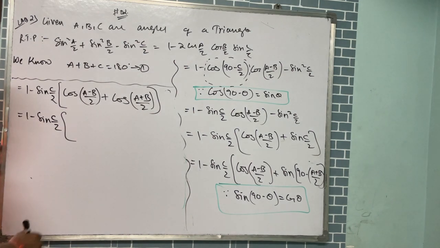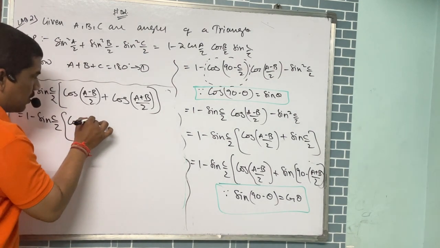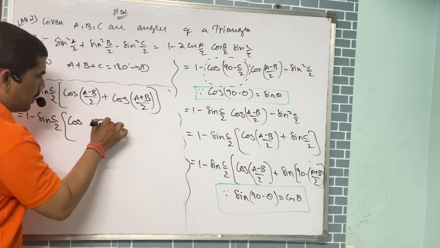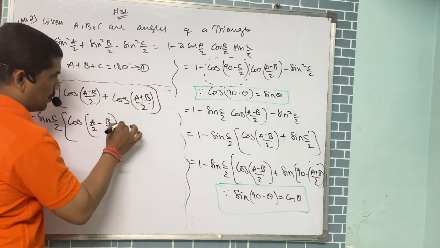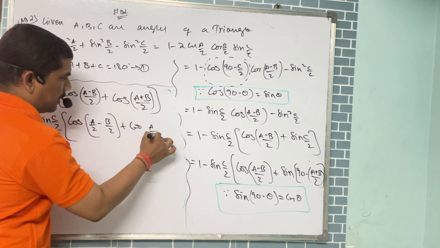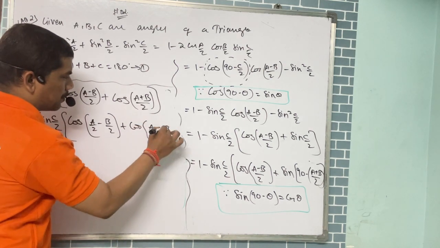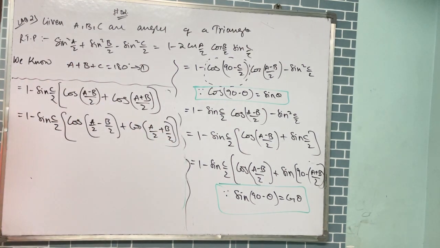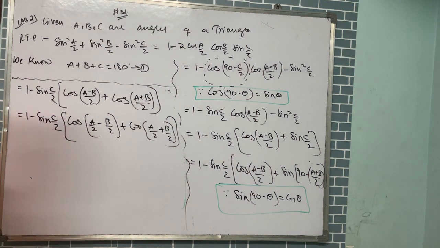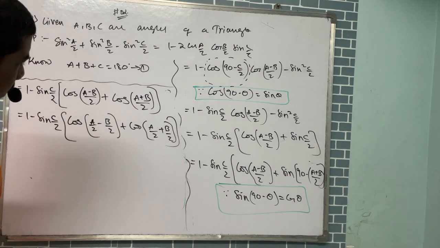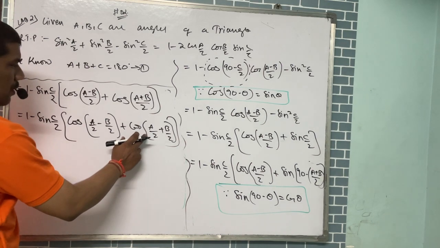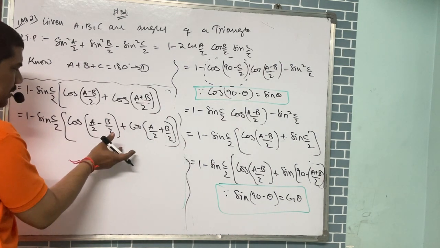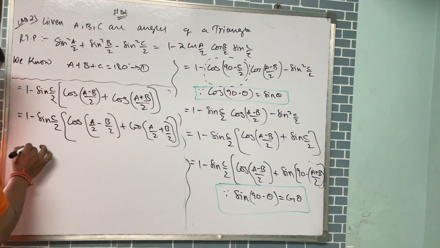See, I can do like this, cos a by 2 minus b by 2 plus cos a by 2 plus b by 2. I can write like this. So if I write it in this form, isn't it looking like, see, I can rearrange them, then you'll understand.